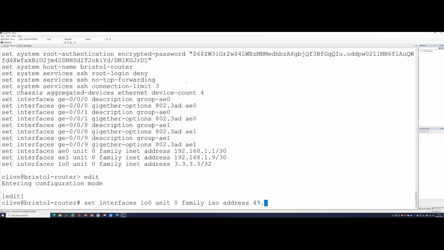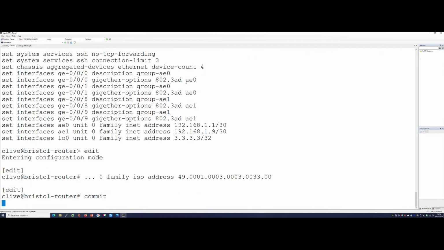Again, we want it in the same area, 1. Now our unique numbers again. This time our address is 3.3.3.3, so let's put that in there, 3333, and our .00 node on the end. Okay, so we can commit that.